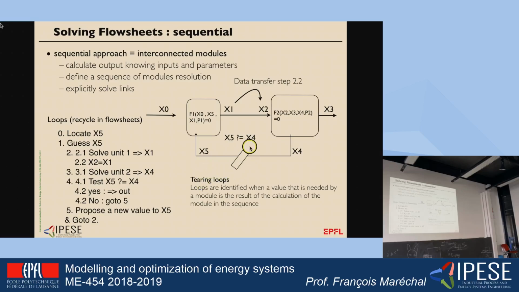So what you will do, therefore, is what we name tiering. By tiering, we explicitly say, I need to guess this value in order to make the calculation of U1 and U2, but I need to verify that my guess was correct. So when I calculate x4, I will compare it with the value of x5, and I will stop doing this sequence if x5 is close enough to x4.